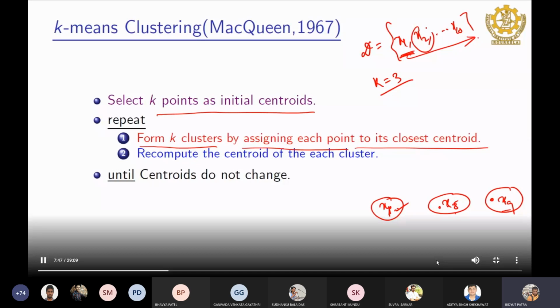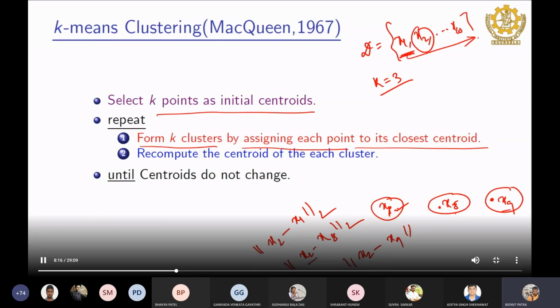Now you move to the point x2. Now we compute the distance from x2 to x1, the distance from x2 to x8 because x8 is a centroid, and the distance from x2 to x9. Wherever the distance is minimum, that means x2 is closest to that particular point, either x1, x8 or x9.